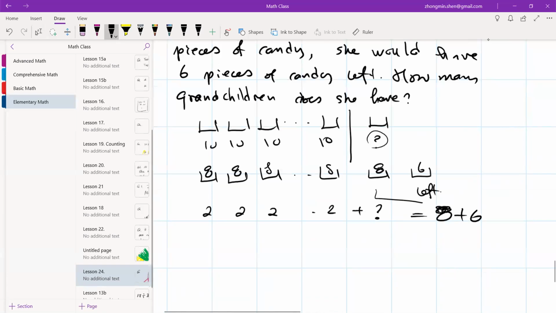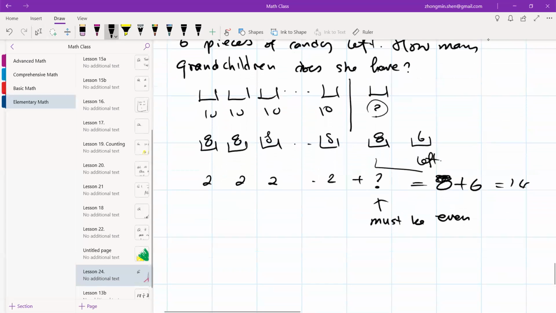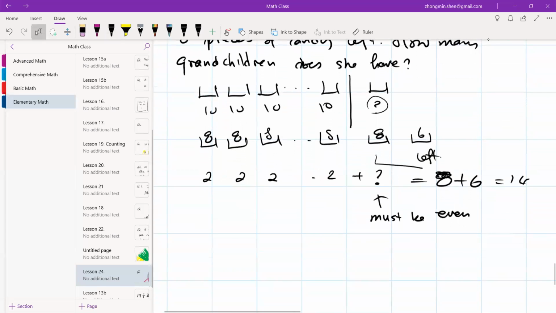So this is 14. A multiple of 2 plus some mystery number should be equal to 14. So that number definitely must be even, okay? It must be even because 14 minus that number is divisible by 2, okay?